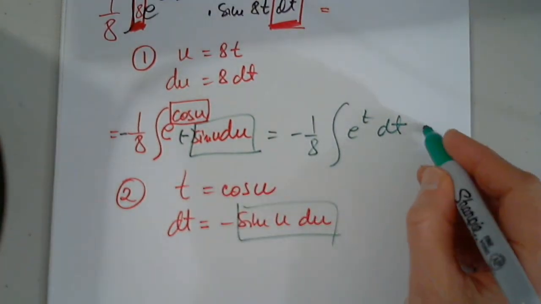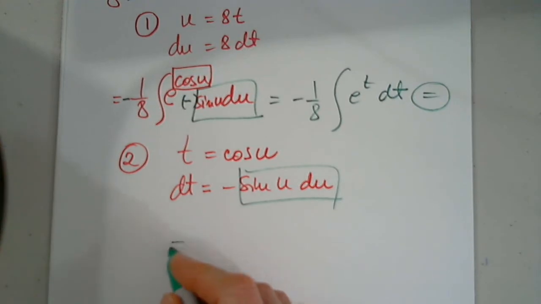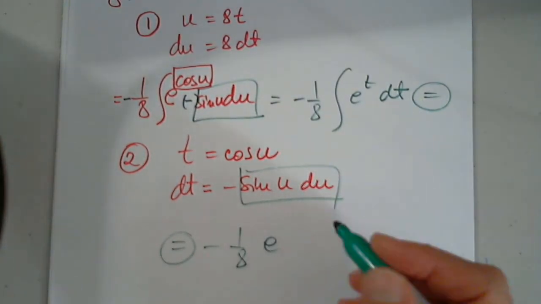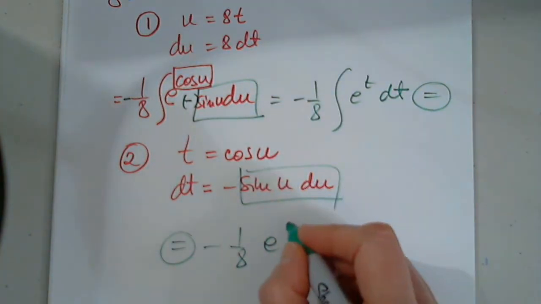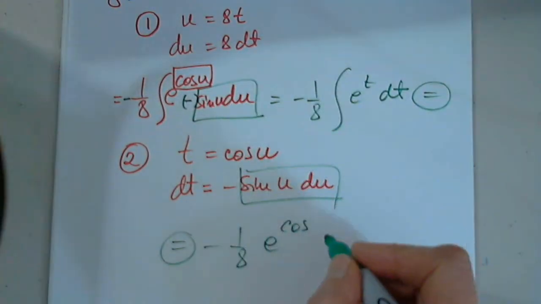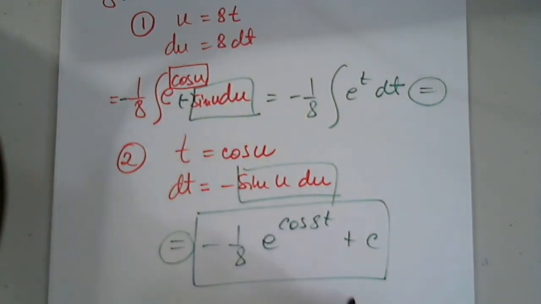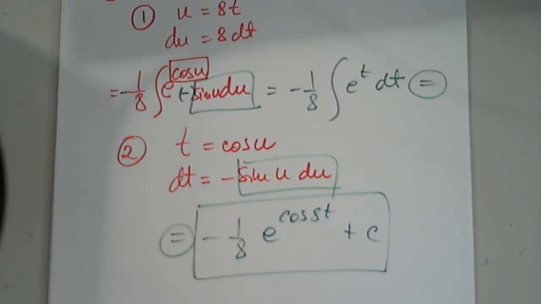I recommend the 2 layers so you don't forget anything. So negative 1 over 8 e to t. Instead of t, I will write cosine u. Instead of u, I will write 8t, plus a constant c. I recommend 2 layers because you may miss something and that will mess up the problem.